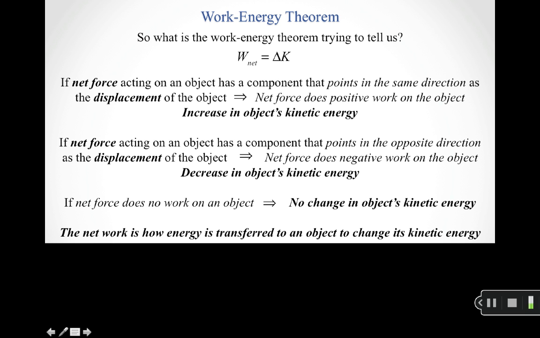So basically what all this is trying to tell us is that we can think of the net work as how energy is transferred to or from an object to change its kinetic energy. So the net work will tell you how the kinetic energy of an object is changing. If the net work is positive, then the kinetic energy has to be increasing. If the net work is negative, the kinetic energy has to be decreasing. If the net work is zero, the kinetic energy of your system, of your object, isn't changing.